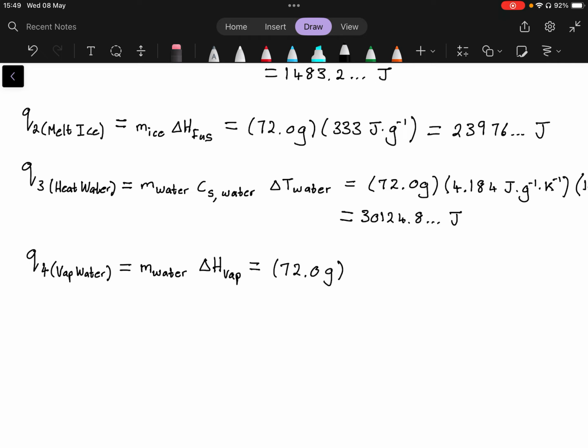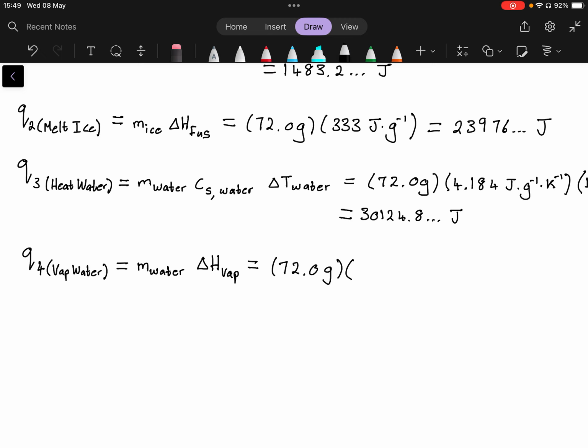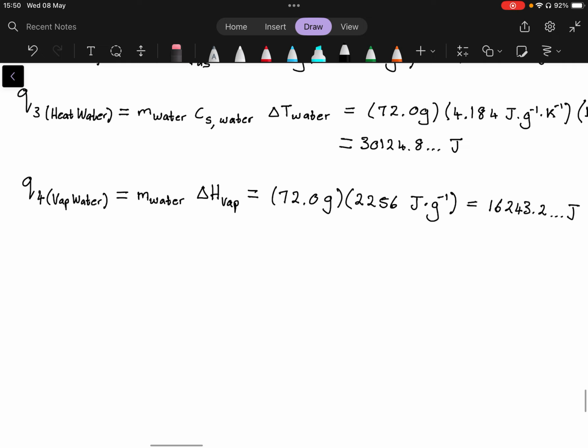The mass remains 72.0 gram. The enthalpy of vaporization is 2256 joule per gram, equal to 16243.2 joule.